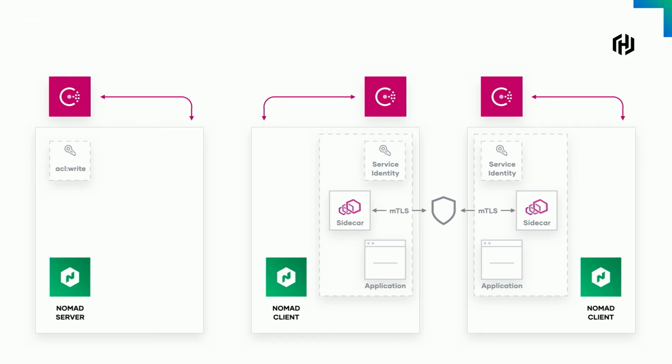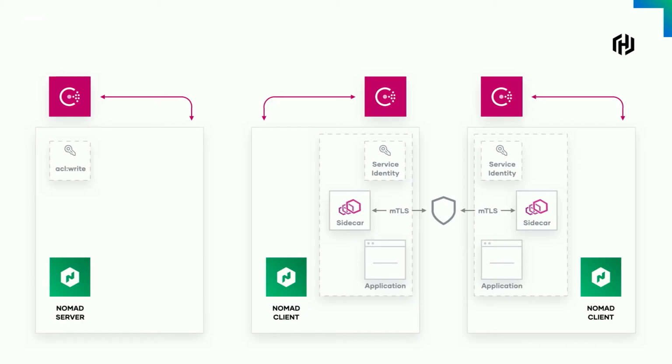When the Nomad client gets the job and starts to run that job, it sees that, hey, I've got a Consul Connect sidecar task that I need to configure, and I need an ACL token for it. Well, instead of putting that privileged token on all your clients and all of your infrastructure, we don't want to do that. We want that privileged token to stay as limited in scope as possible on the Nomad servers.